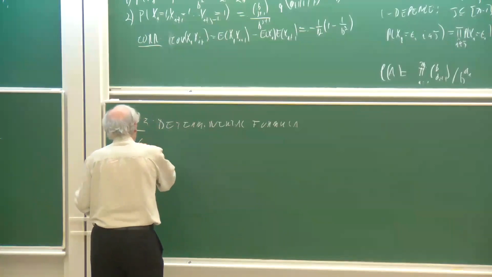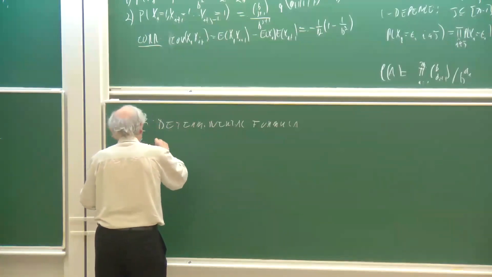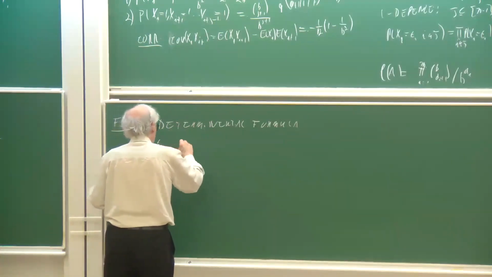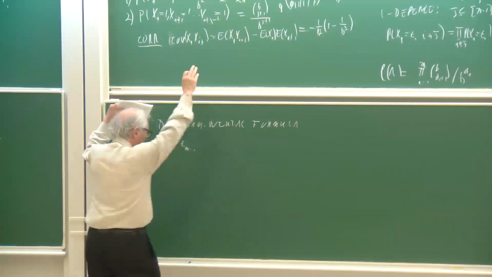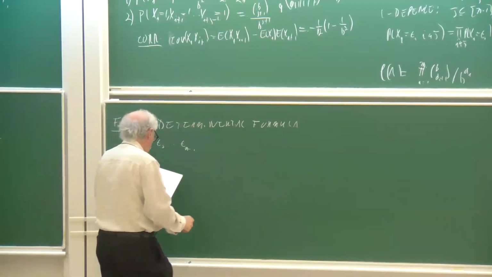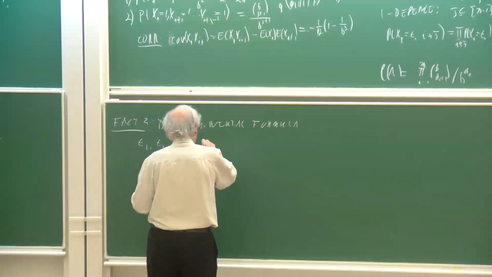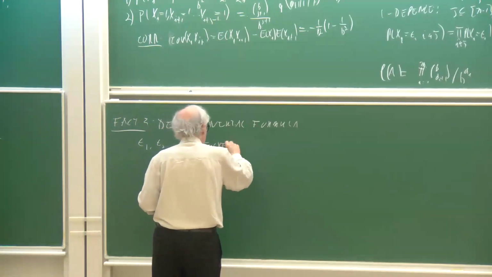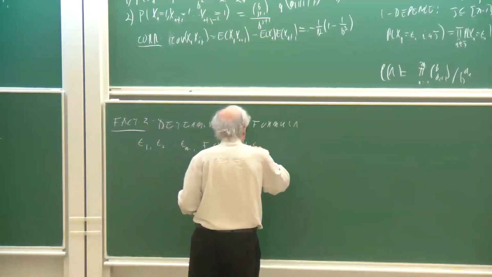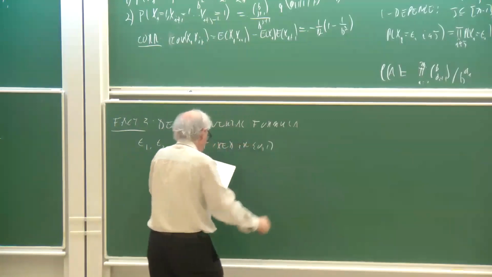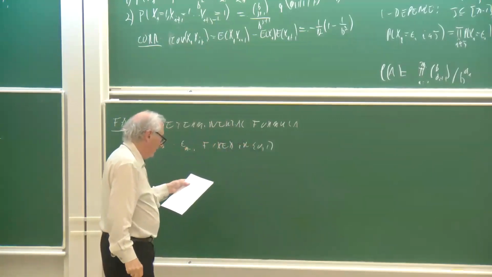So let epsilon 1, epsilon 2, up to epsilon n minus 1, I'm talking about n minus 1 quantities, be fixed in 0, 1. So just the possible carries.